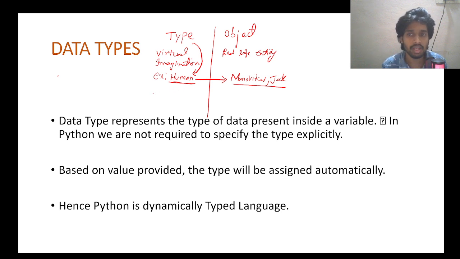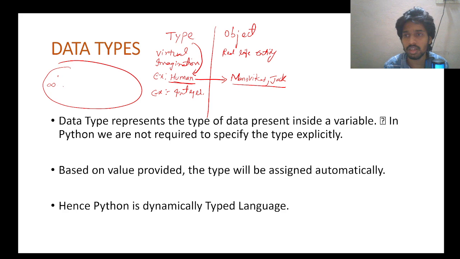At the same time, integers are nothing but a group of numbers from minus infinity to plus infinity. We have 0, 1, 2, 3, 4, and so on until plus infinity, and we have -1, -2, and so on until minus infinity.